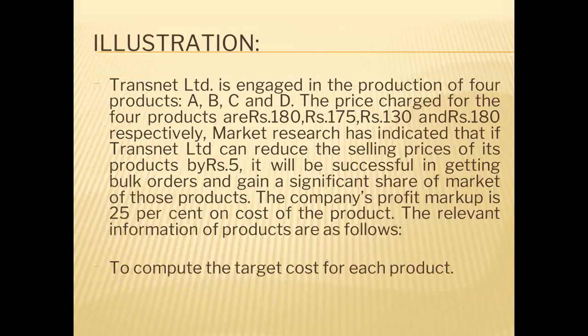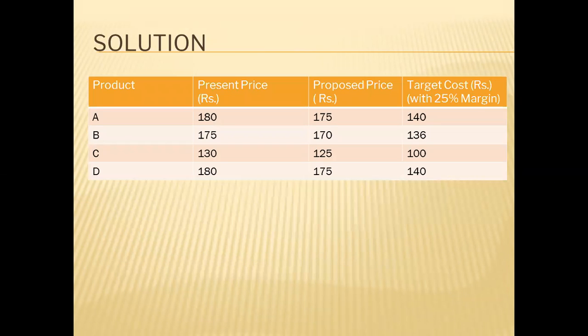So it is a very simple question. We just have to calculate the target cost of these products. So 4 products are there: product A, product B, product C, and product D. The present market price of each product is given in the question: 180, 175, 130, and 180. Clear?